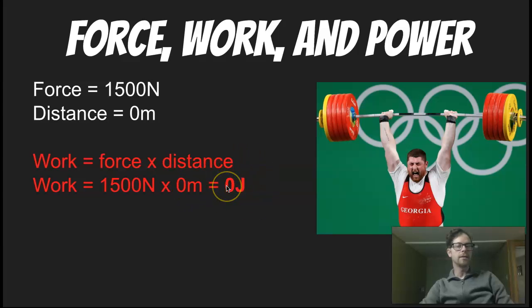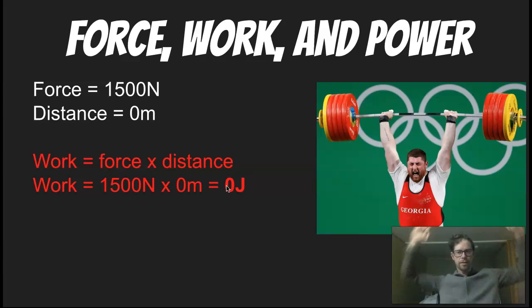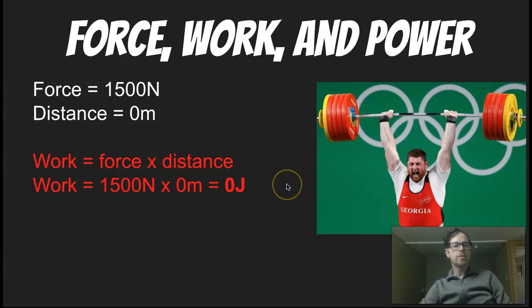No work is done. And that's where it gets confusing, because in everyday life we think, well, they're working really hard. It's taking a lot of effort. But in physics, we only care about whether it is changing distance, whether it's going somewhere. So the work is 0, even though there's a lot of effort.